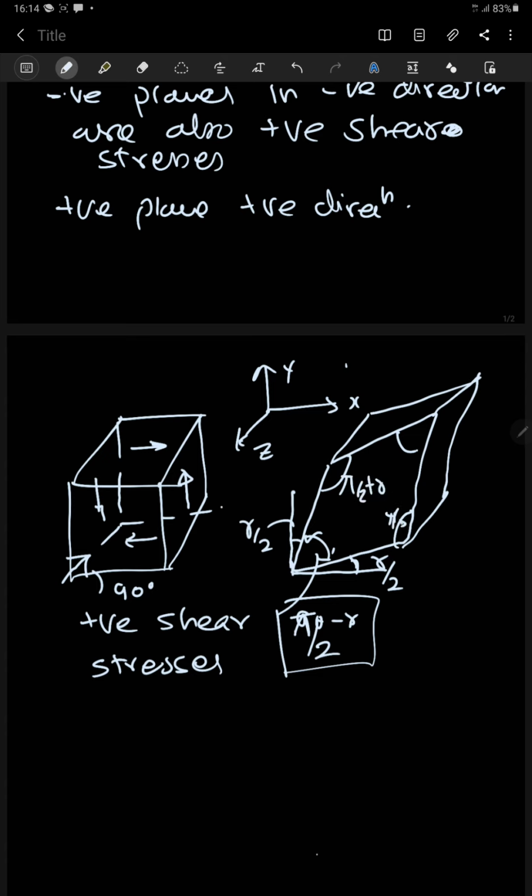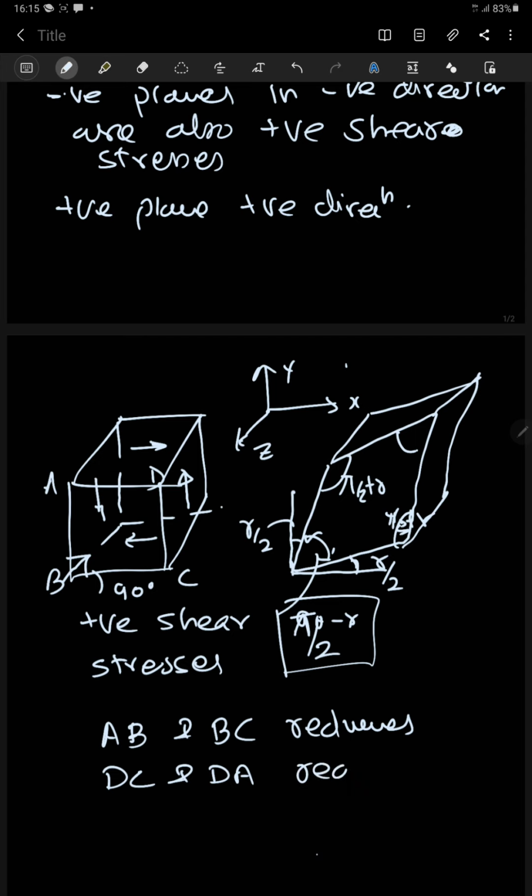So if the sides of the shear stress element, let us say ABCD, the angle between AB and BC reduces, or the angle between DC and DA reduces, so the angle becomes pi by 2 minus gamma, then the shear stresses are positive.